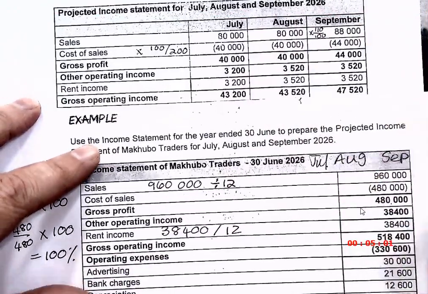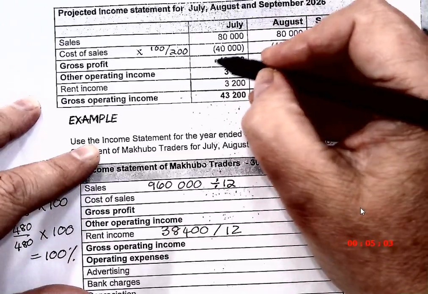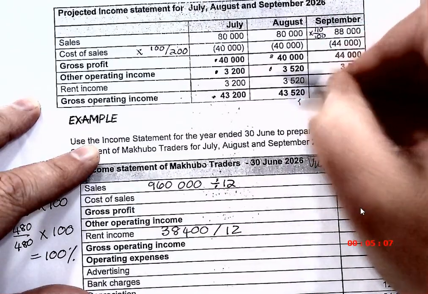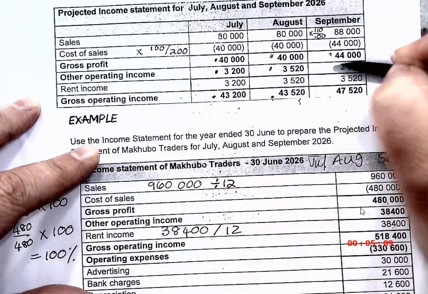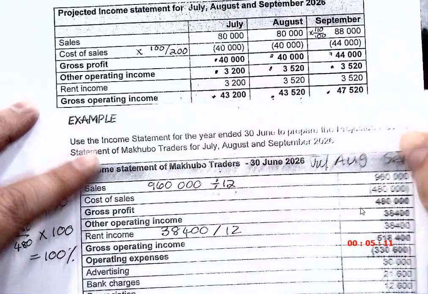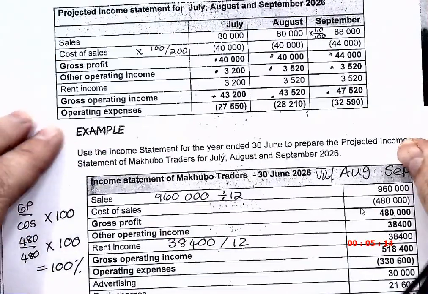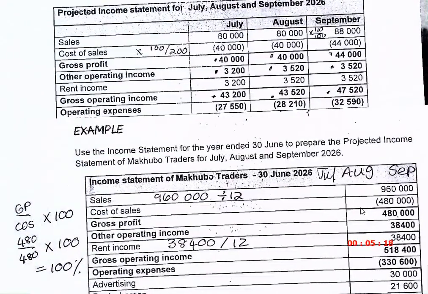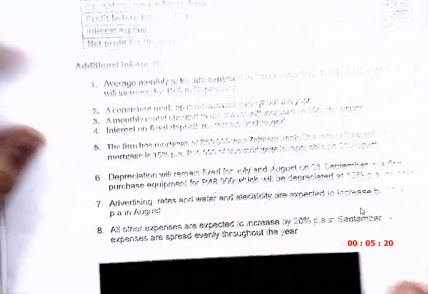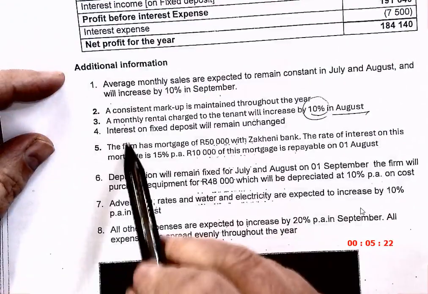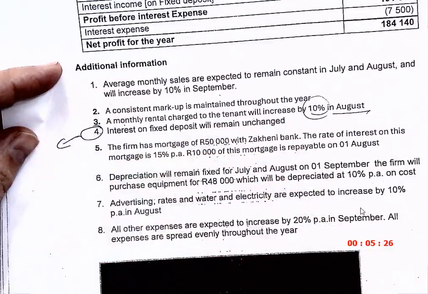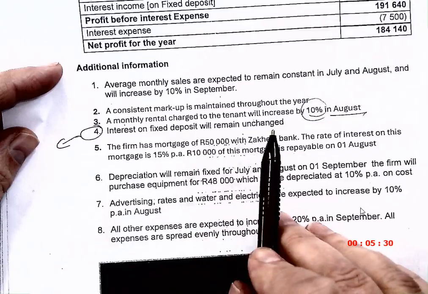Gross operating income is now just the gross profit and the rent income. Those two together give me that. Okay? So, operating expenses. So the first one I see, they talk about the interest on fixed deposit, which is at the bottom. They say that remains unchanged.